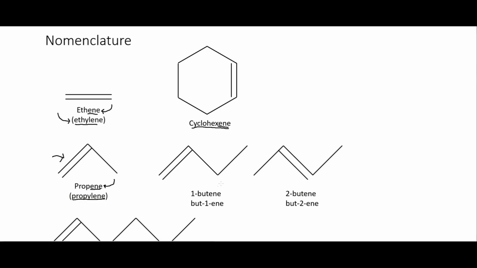Then, of course, when we get beyond 3 carbons, we can start having these isomers here. This one is called 1-butene because we are starting at the 1 carbon, so we have 1, 2, 3, 4, but you always put the 1 for the ene here where we have the starting one right there.